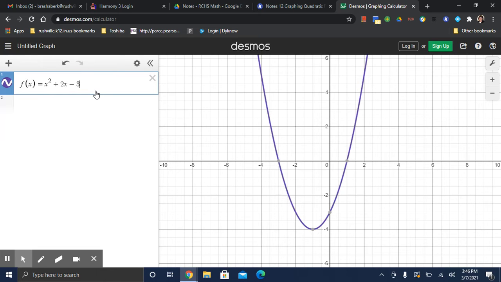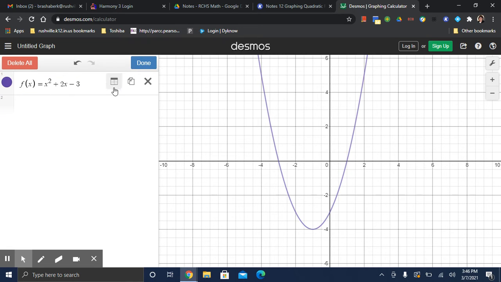And then in this graphing area, you'll see a gear. Clicking on that gear will give you some icons, and one of those is a table. And this is what you want to help you out with this problem.